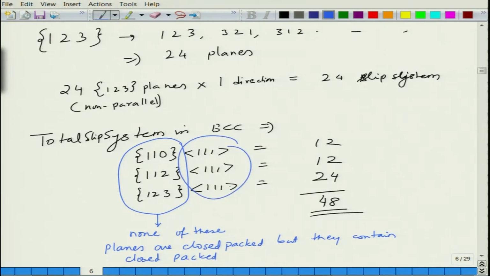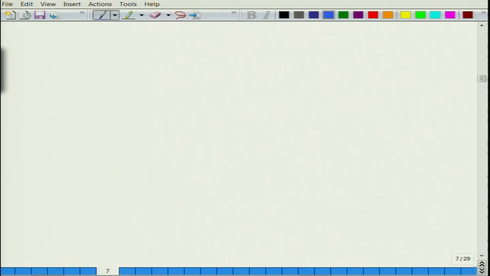So, these are all close packed directions. But they contain close packed direction 111. So, a total of 48 as we said slip systems. Okay. So, you can do this, you can make a view graph and see it yourself. So, make a cube for instance.